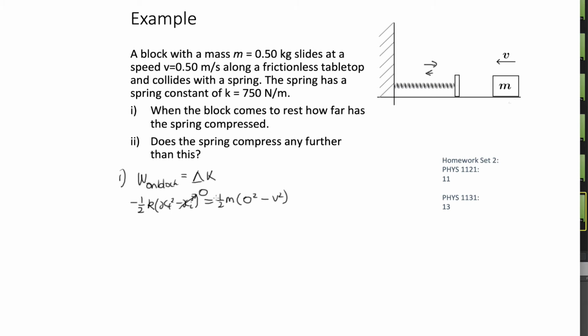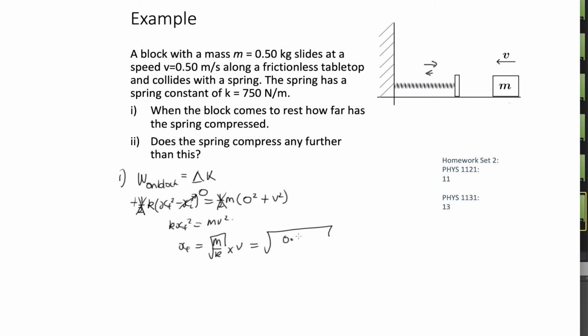We can also cancel out the halves, so they appear on both sides, and then we've got the negatives, so we can make both those negatives positive. So we've got k x f squared is equal to m v squared, so that tells us that the final position is equal to the square root of m on k, times v. And we can substitute in and work out what this is.